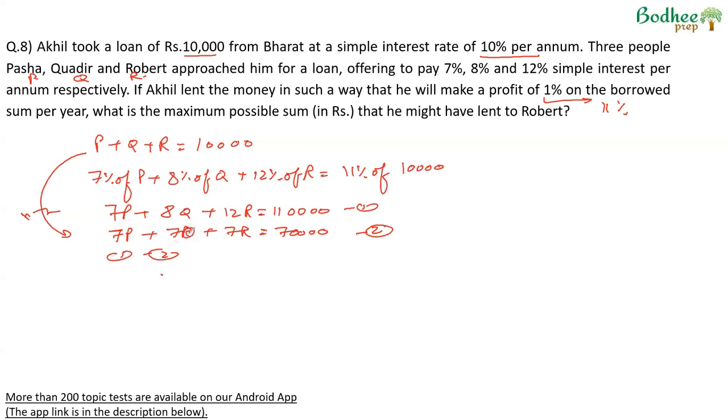This is q, not r. q plus 5r is equal to 40,000. The question said, what is the maximum that can be lent to r? To maximize r, we can minimize q and make it 0, in which case 5r will be 40,000, or r will be 40 by 5, 8,000 rupees. So the maximum money that can be lent to Robert is 8,000 rupees to get 11% interest rate.